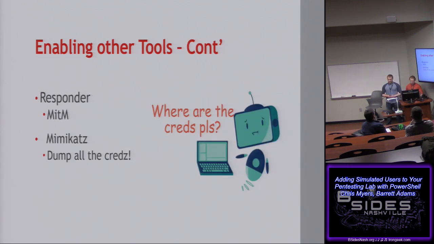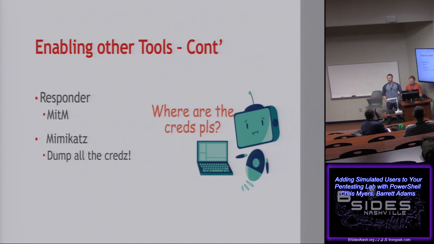User simulation can also enable tools that you wouldn't really expect to require it. Mimikatz is everyone's favorite credential dumping tool. But if you have a big lab environment, or even a smaller one, and you're going around running Mimikatz on systems, you might just be getting a lot of local administrator hashes.